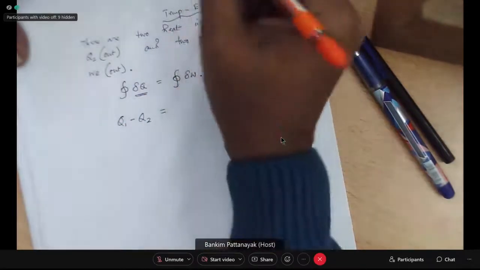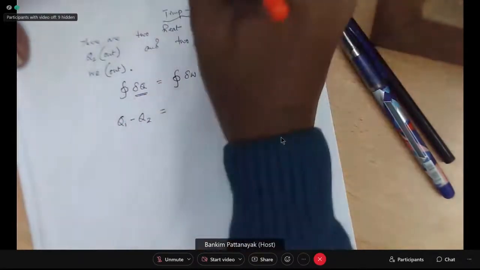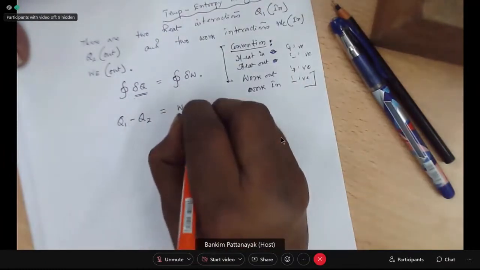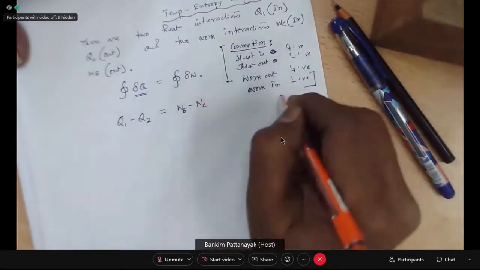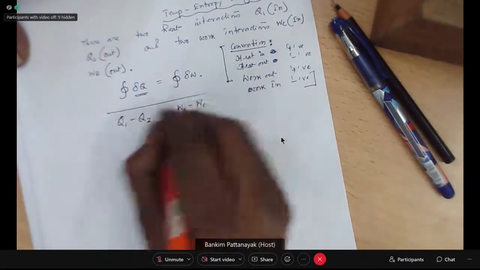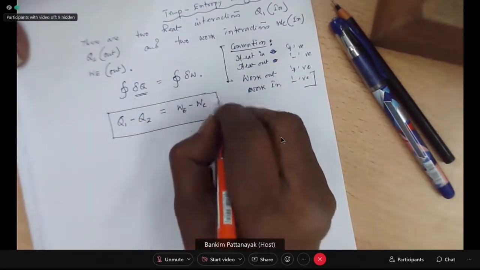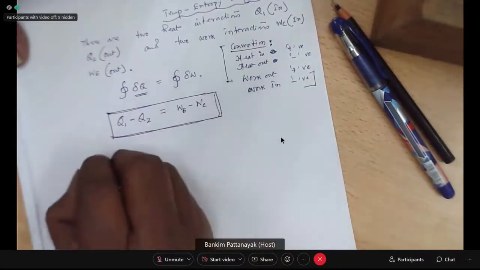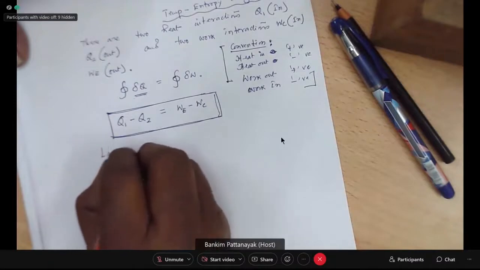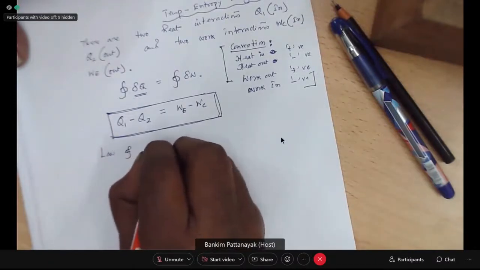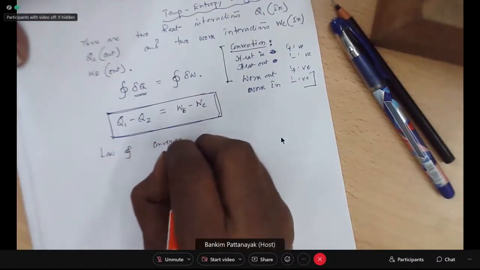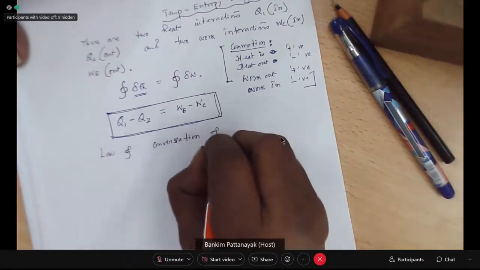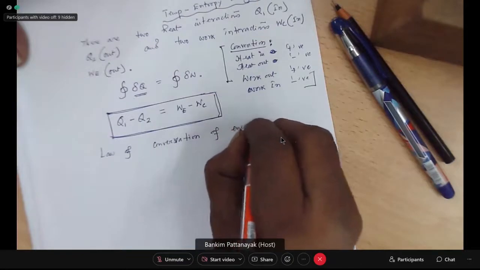And what is del W? Del W is positive WE minus WC, going by the convention. So basically, it ultimately boils down to the law of conservation of energy.